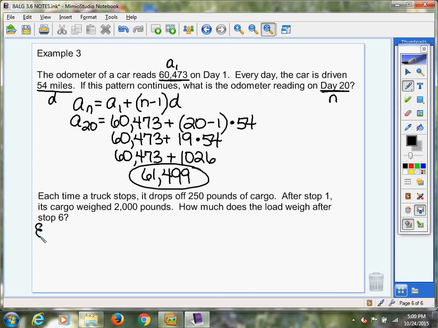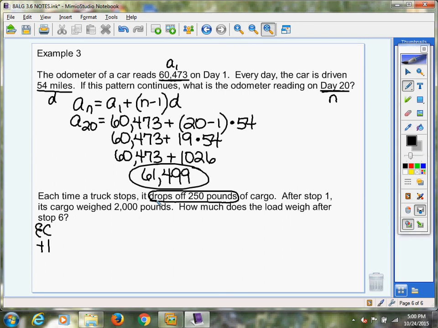All right, I'm going to give you this next one for you to try on your own. This is the tricky part right here. I'm going to circle it, okay? Each time a truck stops, it's dropping off 250 pounds of cargo. It's not adding 250 pounds. It's dropping off 250 pounds. That's going to be a big deal because that's going to affect your sign, okay?